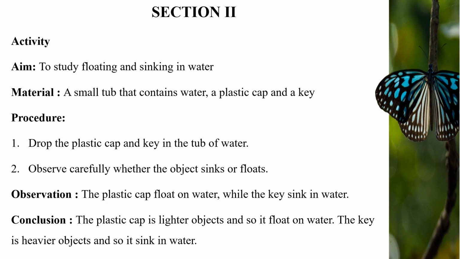Observation: you will see that the plastic cap floats on water and the key sinks in water. So it is concluded that the plastic cap is a lighter object and so it floats on water, and the key is a heavier object, so it sinks in water.